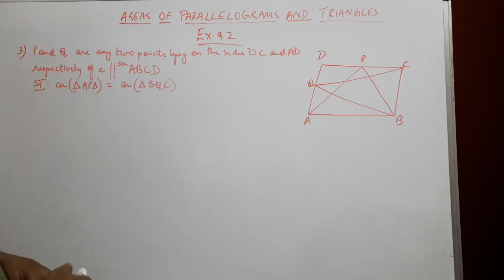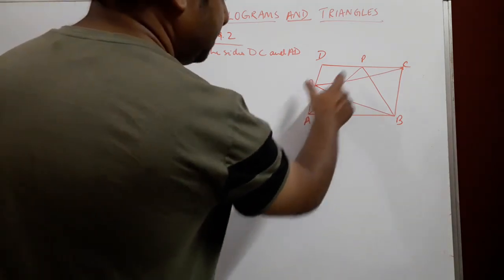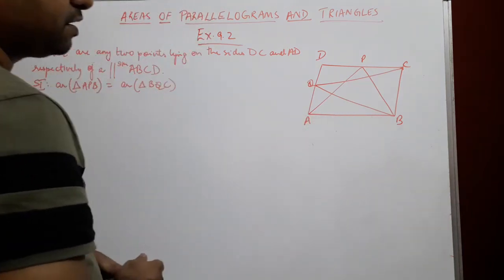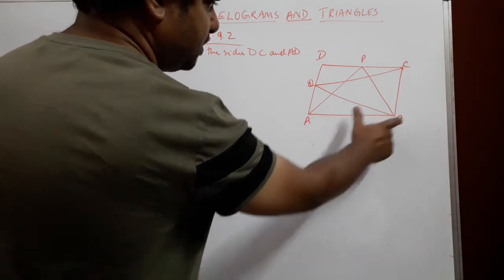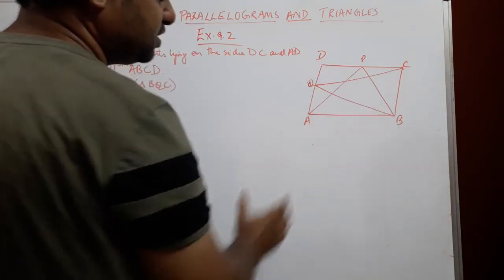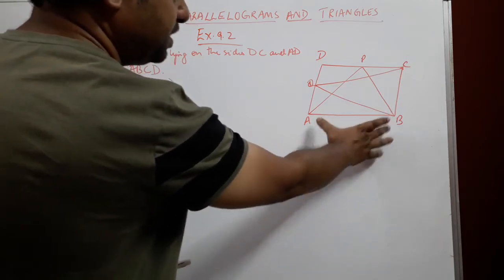If you notice, see this triangle APB, the base is AB, and if we take AB as the base, then it also becomes the base of this parallelogram.